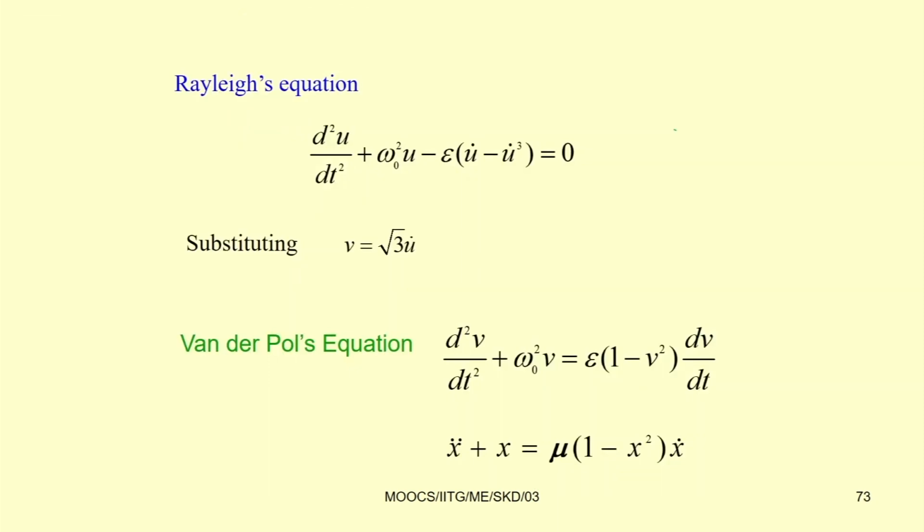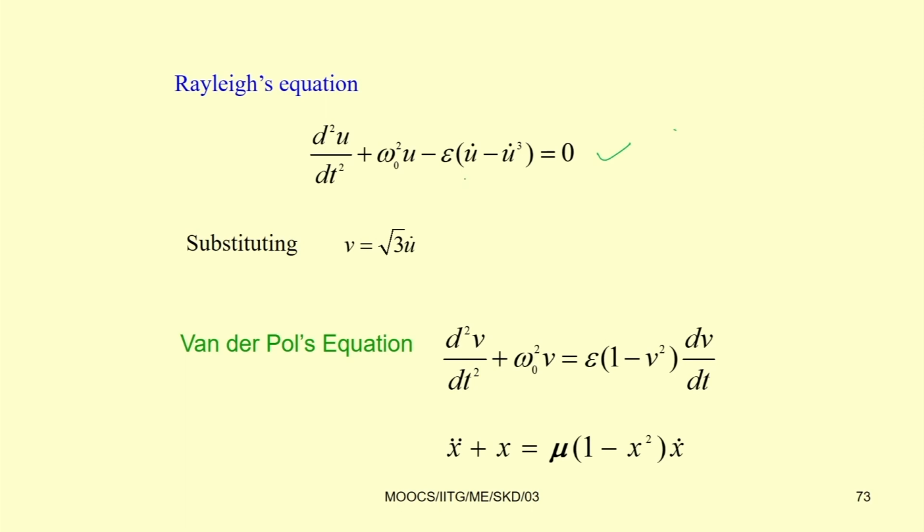So, let us see some other commonly used equation. One such equation is the Rayleigh equation. This Rayleigh equation can be written in this form: d square u by dt square plus omega 0 square u minus epsilon into u dot minus u dot cube.